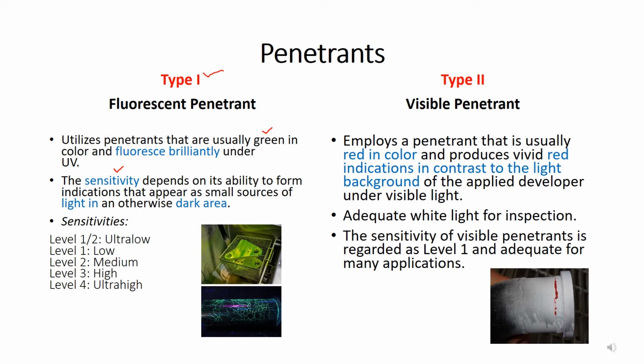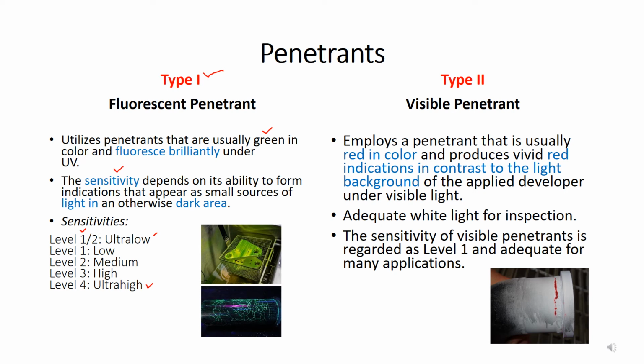Sensitivities can be rated from level 0.5 to level 4, so it can range from ultra low to low, medium, high, and ultra high. Penetrant can be rated over these sensitivities, and you can choose the penetrant according to your need.